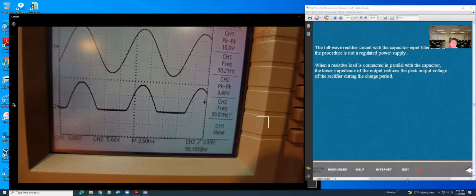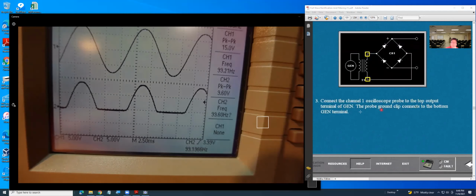Okay, now they want to make the connection. It looks like we already did it. Connect channel 1 scope probe to the top output of the generator.